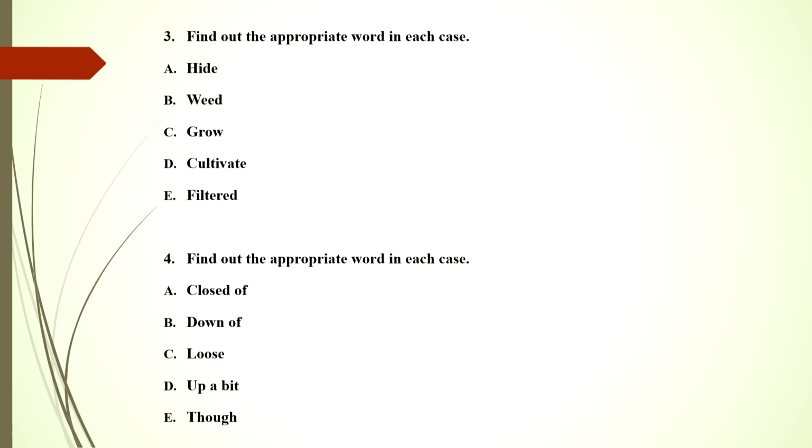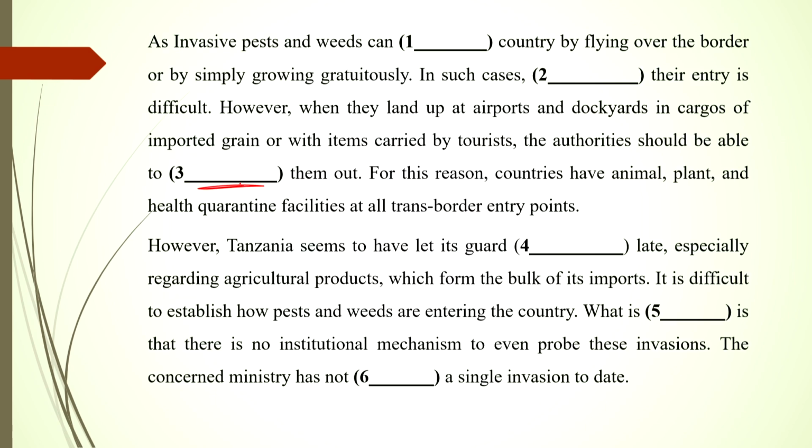Clear? Now next is question 3. That is, we need to find the word that fits perfectly in blank 3. So looking at the concerned sentence, it expresses that though the invasive pests cannot be stopped from flying over the border or growing, they can be prevented from entering through airports and dockyards.